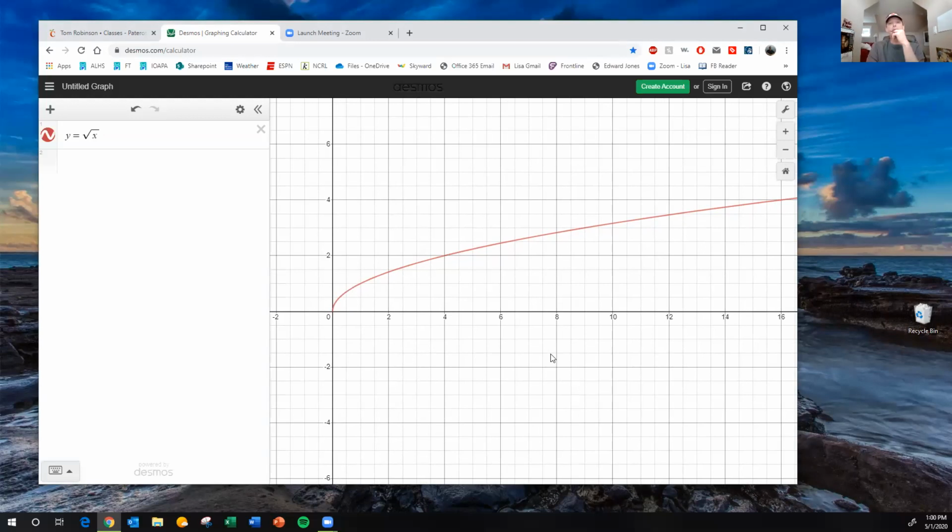But also that it doesn't continue forever and ever. It goes forever to the right, but then it stops to the left. So there's something interesting about the square root function, and I want to walk you through what it looks like, how we can think about graphing it, and so on.